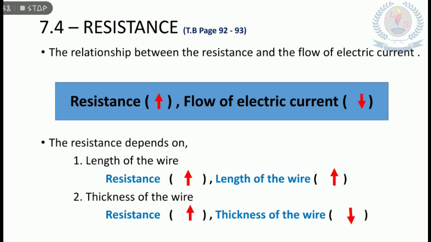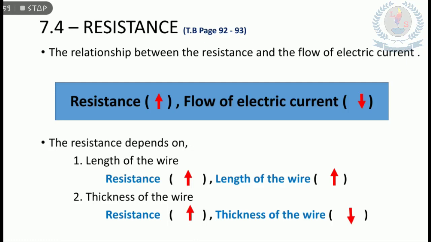Since resistance is a barrier, it causes flow of electric current to be decreased due to obstructing the path of electricity. Resistance of a wire depends on two main factors, such as length of the wire and thickness of the wire.